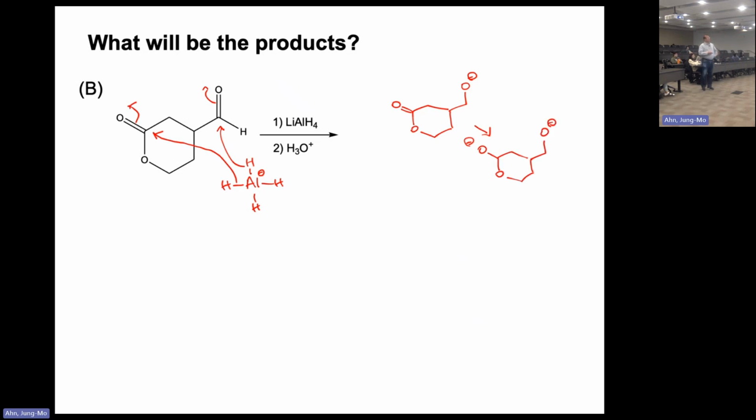But the thing is, it's a cyclic ester. That's the trick. That's what makes it tricky. You have to keep track of where the alkoxy is bound. And then I will show you that your answer should show the alkoxy groups that we typically don't care about in the other ones. So these ones are initially formed. Hydride makes an attack. You get that as an alkoxide, but that's a leaving group there.